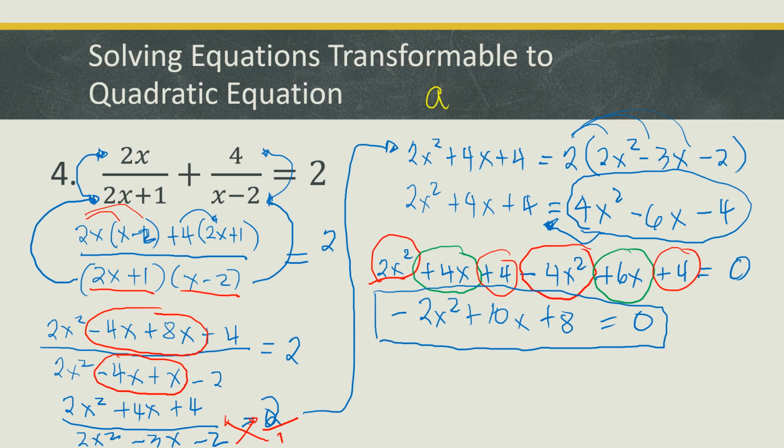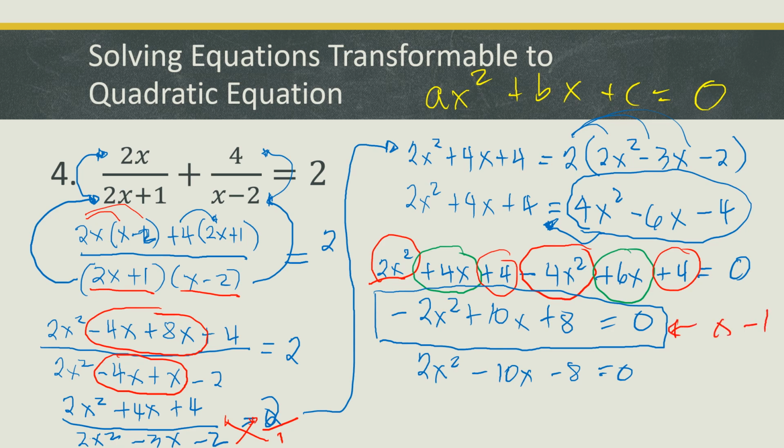As it is the standard form of the quadratic equation ax squared plus bx plus c is equal to 0. This equation is also the same with 2x squared minus 10x minus 8 is equal to 0 by multiplying this equation by negative 1 for us to have our a value as positive.